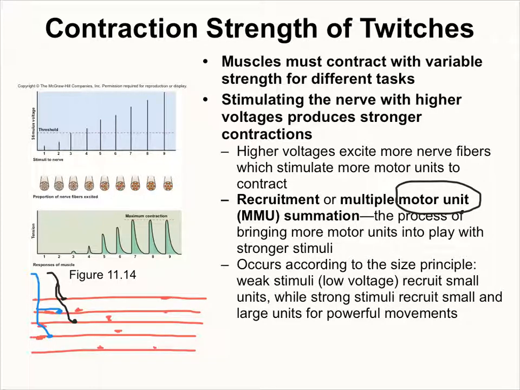So suddenly you've gone from 20 fibers active to 70 fibers active. And then the next one might actually bring on 500 fibers. So you get an increasing response the more effort you put into the nerve. And by effort you put into the nerve, I mean your brain activating more neurons in that nerve.